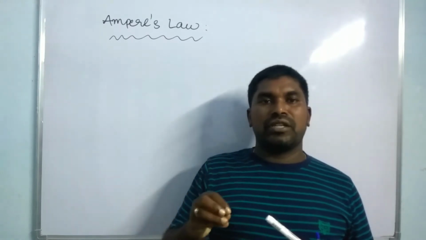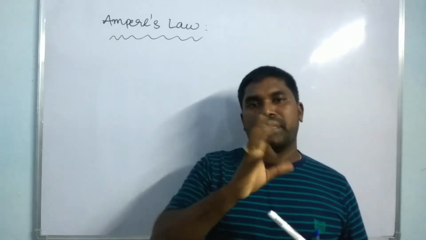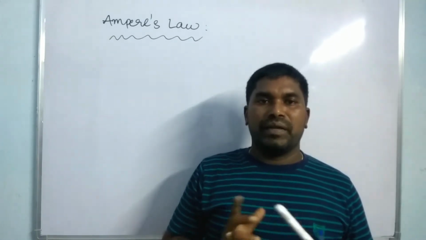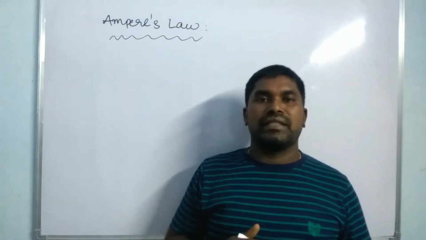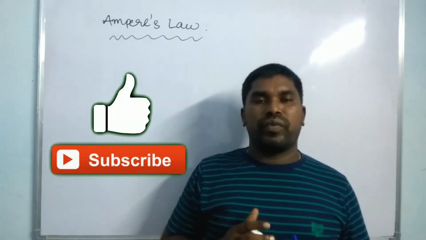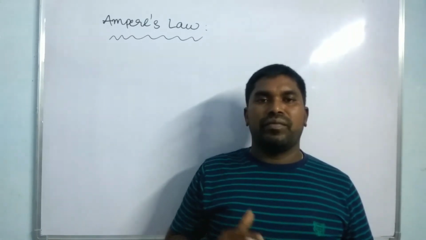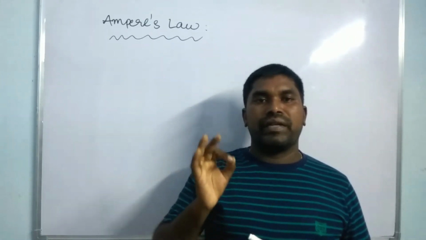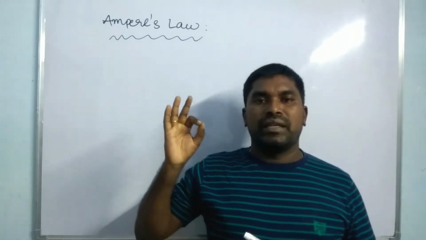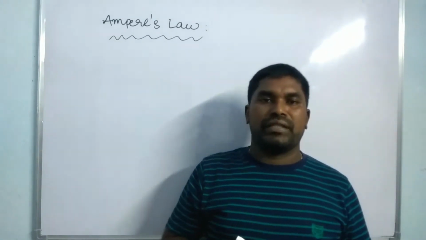Of course, it is also the same process as in the Biot-Savart law. But the variation is that here we have to find the net magnetic field for perfectly symmetrical shapes, not any other bodies.